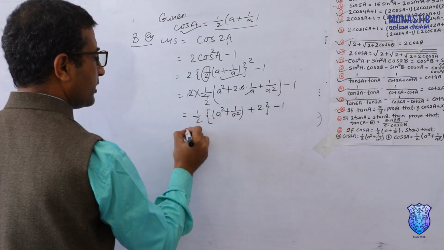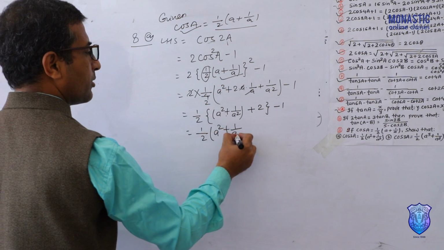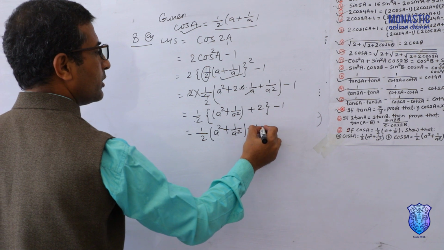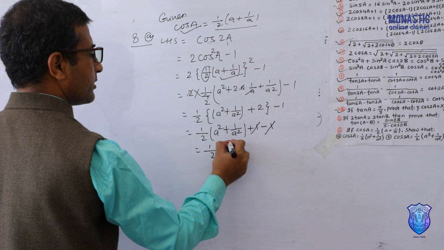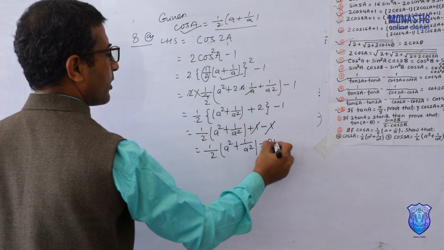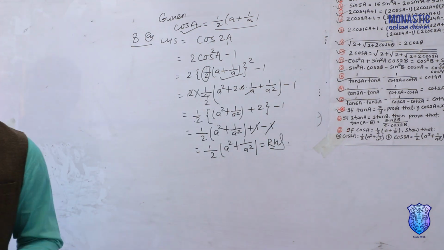If we multiply this whole with 1 by 2, 1 by 2 times a square plus 1 by a square, and 1 by 2 multiplied with 2 is 1. These two cancelled. That's your result: 1 by 2 times a square plus 1 by a square. That's the RHS we have completed.